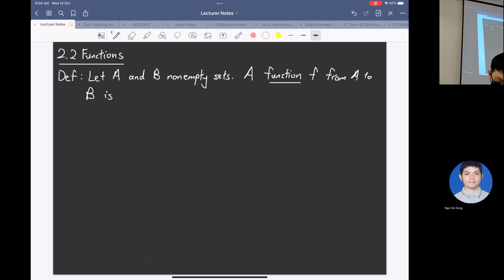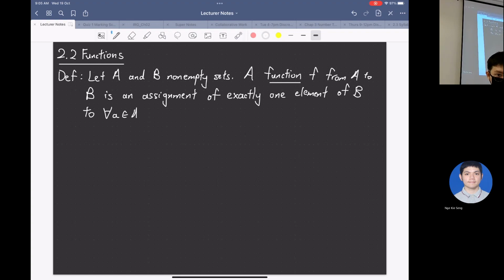So it is an assignment of one object, exactly one, one and only one, of B to every element of A.